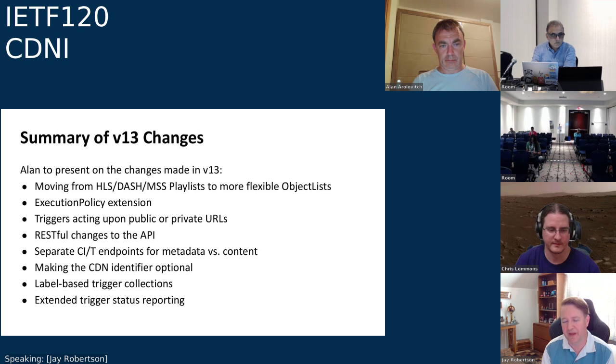We have made the CDN identifier optional. This was an identifier based off of AS number that we determined was not necessary in all use cases. We now have label-based trigger collections to allow for greater flexibility for reporting collections of triggers.